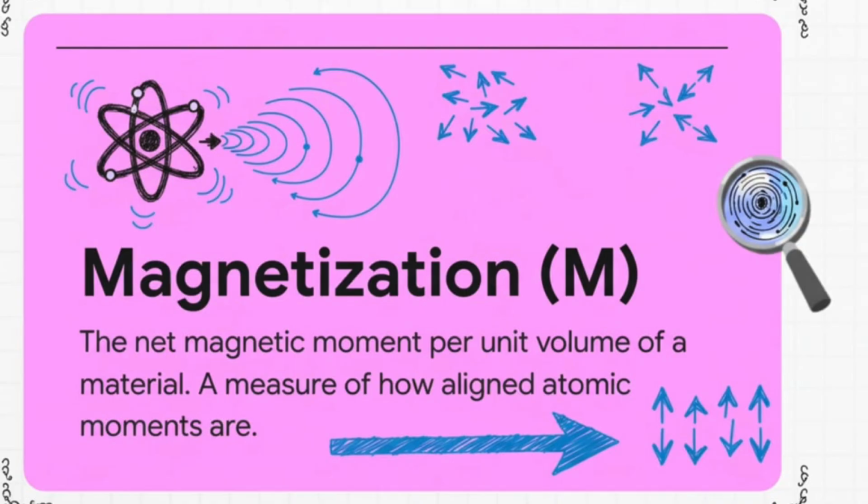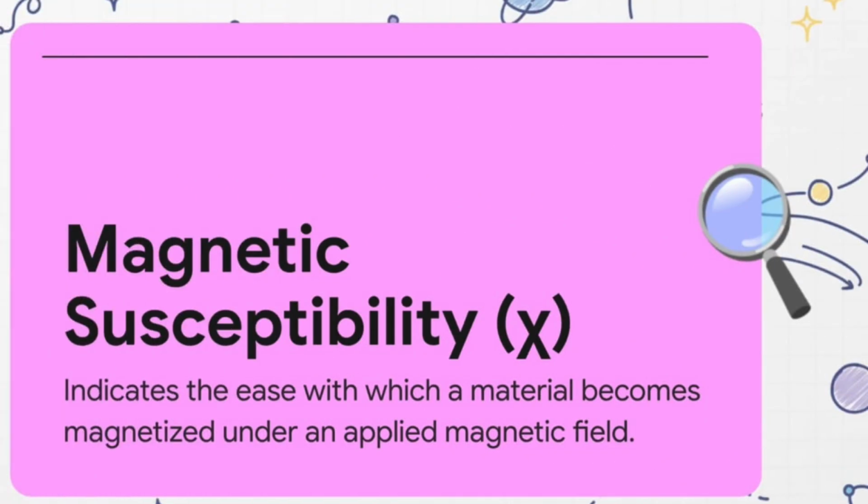Okay. Next up, we've got something called magnetic susceptibility. This is all about how easily a material lets its little moments get aligned. Think of it as how persuadable the material is. Something with high susceptibility, like iron, is super easy to convince. You bring a magnet nearby and its atomic moments snap to attention.